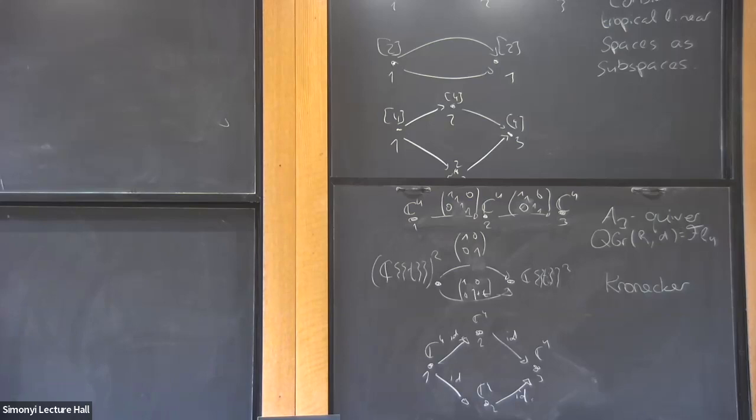Structurally, there's a problem with this approach, and the problem is that multiplying a tropical linear space pointwise with a matrix does not necessarily give you a tropical linear space anymore.